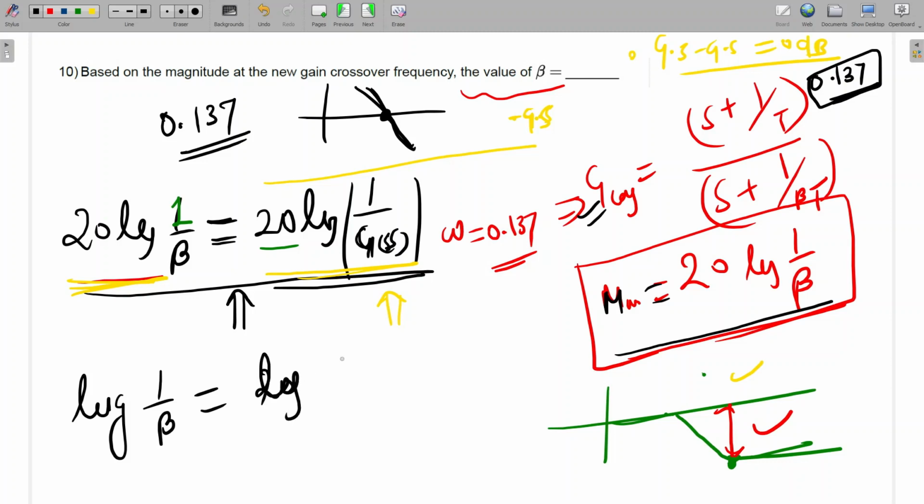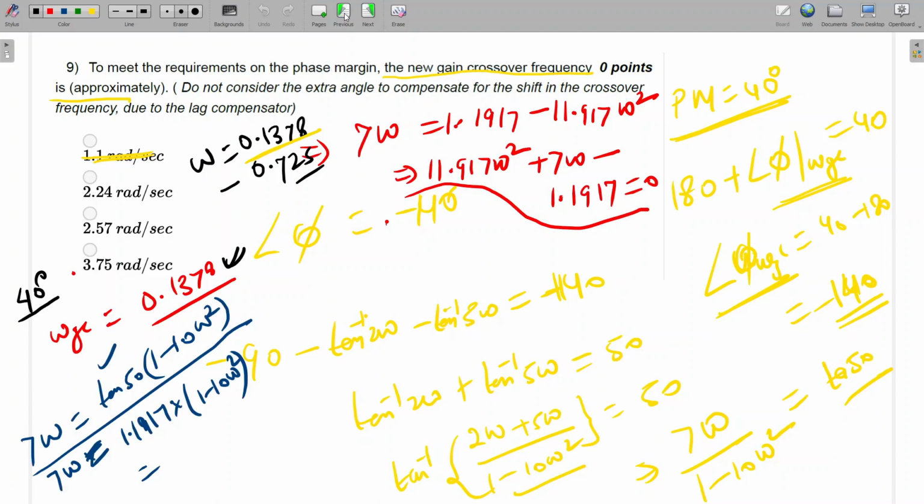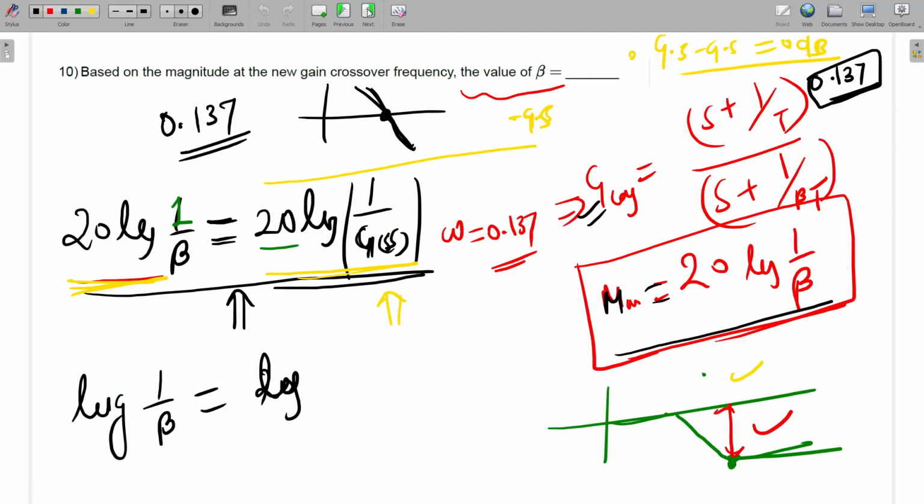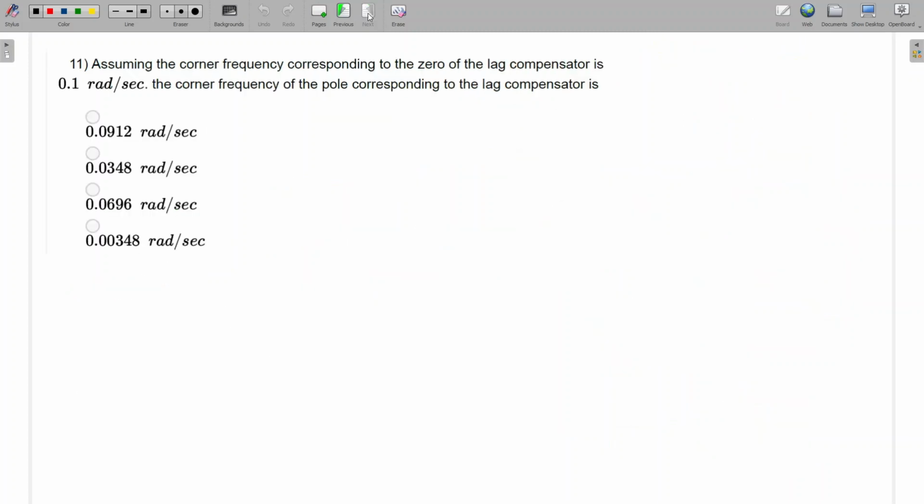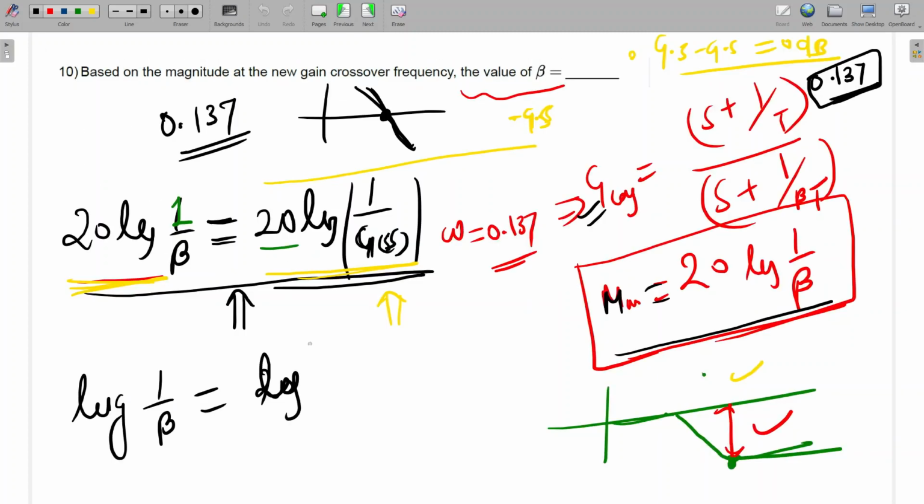Log 1 upon GS. So 1 upon GS, how much will be the magnitude? So log 1 upon beta is equal to log 1 by GS, at some omega value.